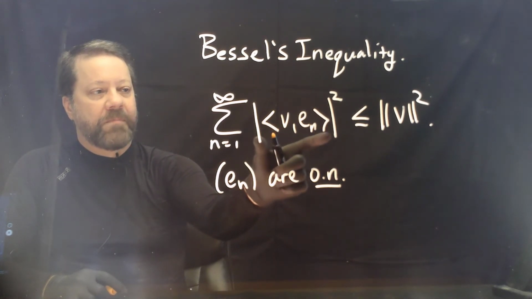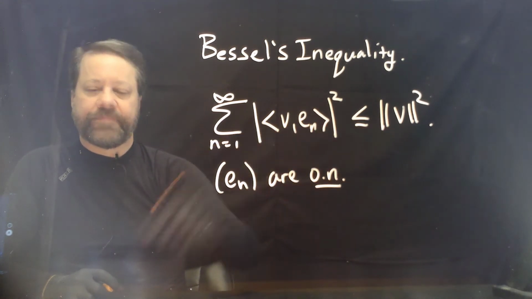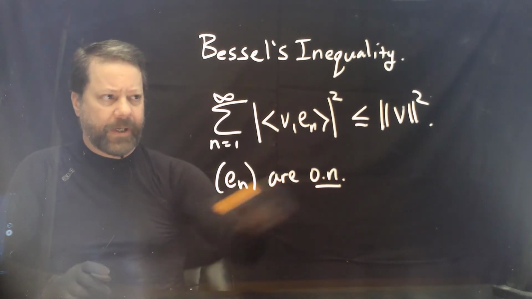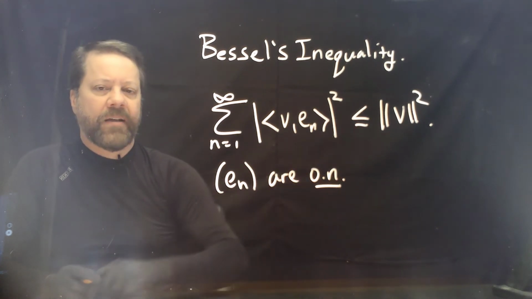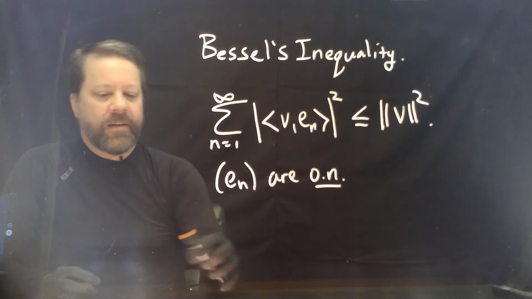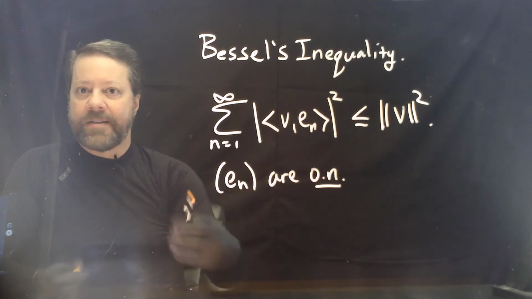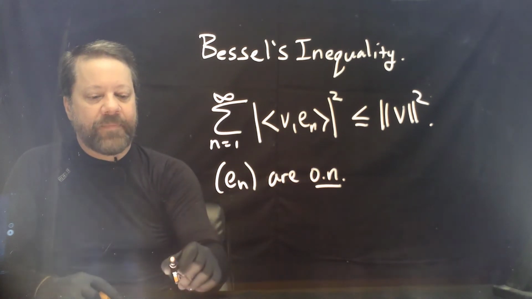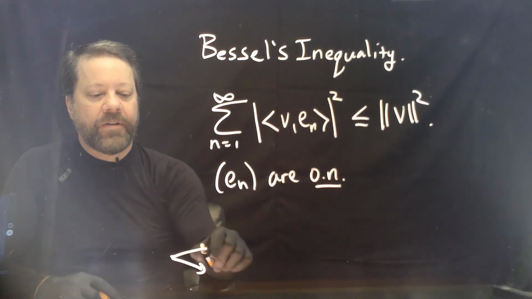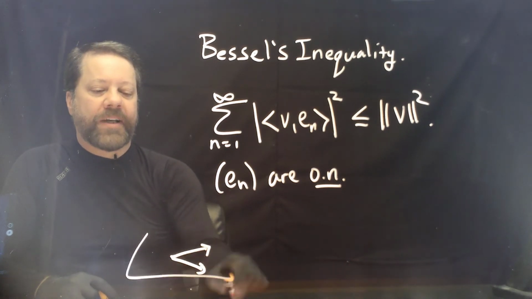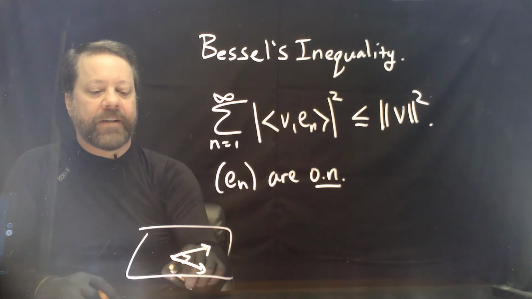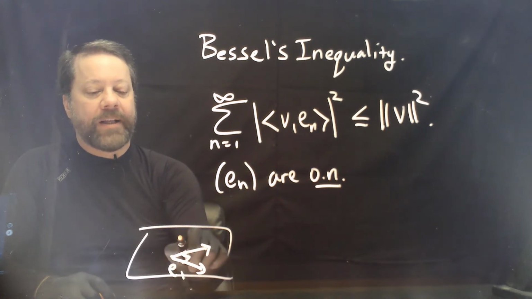And we're generalizing a kind of Pythagorean theorem here, but we're getting an inequality. And there's a good reason for that. This orthonormal sequence doesn't necessarily span the entire space. So in R3, let's suppose I have some vectors that are at right angle to each other, E1 and E2.